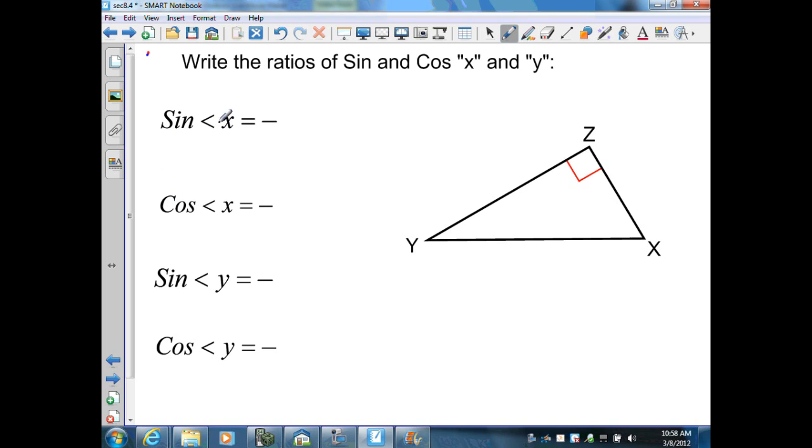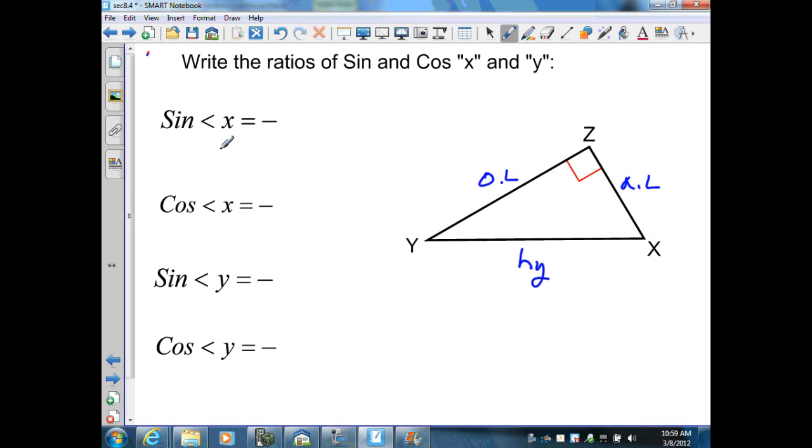Let's identify the triangle based on the acute angle X first. So if I have angle X, I can identify that segment YZ is the opposite leg to angle X. Segment XZ is the adjacent leg. It's the one that helps form angle X. It's the one that's closest to it. And of course, opposite the right angle, which is Z, is our hypotenuse, and that would be segment YX.